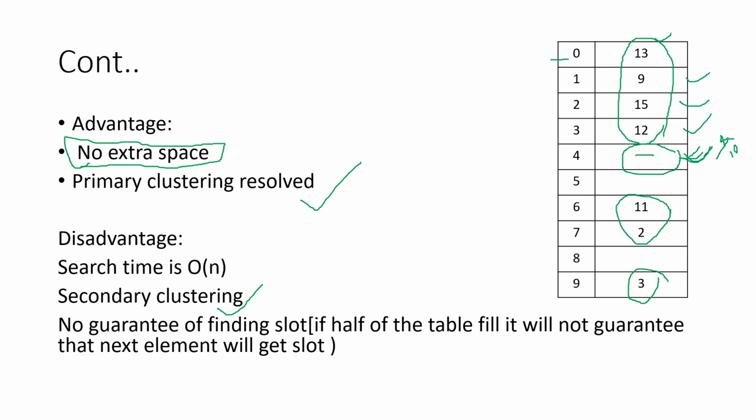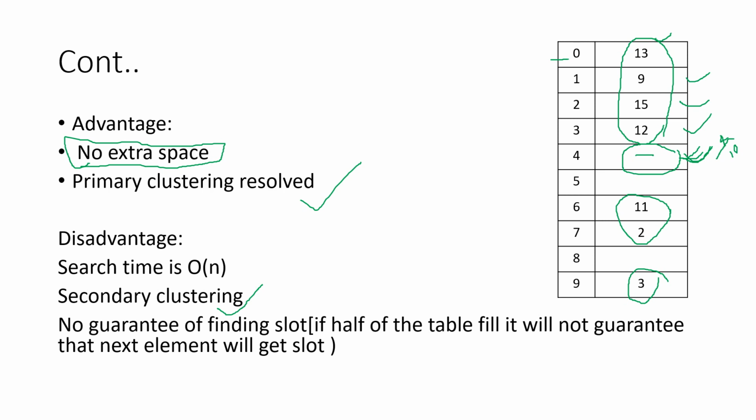If two elements have the same starting index, then they get the same probe sequence, and that's called secondary clustering. That too I'll explain. Just remember that if two elements' starting index is the same, then they get the same probe sequence, and that was the problem of secondary clustering in quadratic probing.